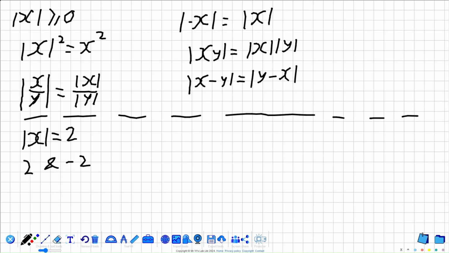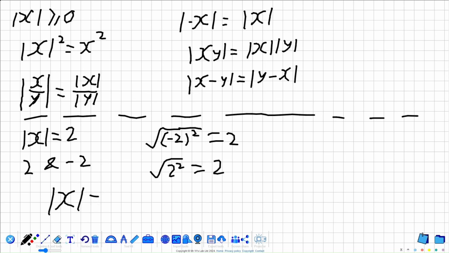This is because if we put either of those inside the modulus, it would turn out as negative 2 squared, which we know equals 2, or just normal root 2 squared, which also equals 2. So if mod x equals a, we can assume that x is equal to plus and minus a.